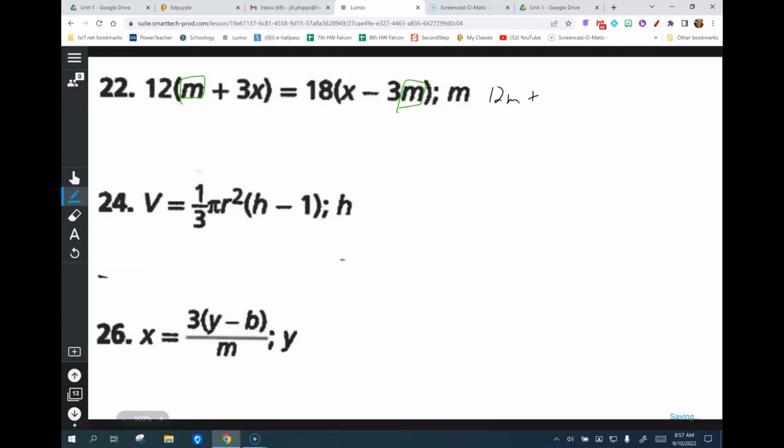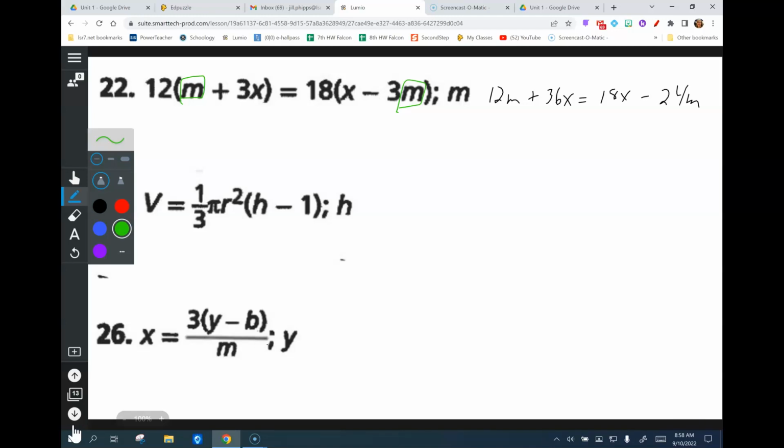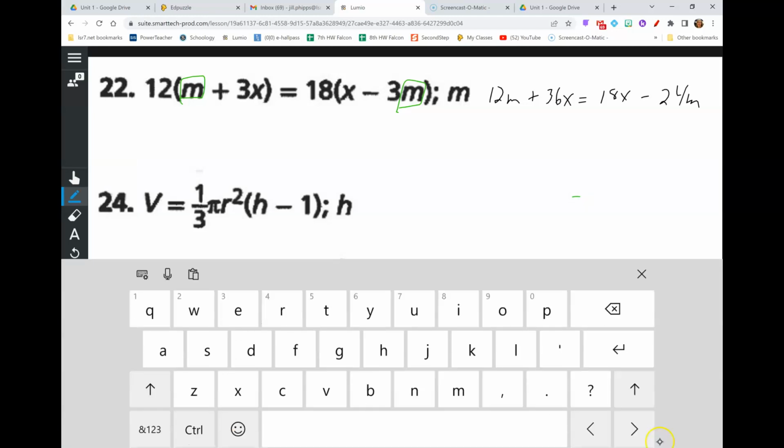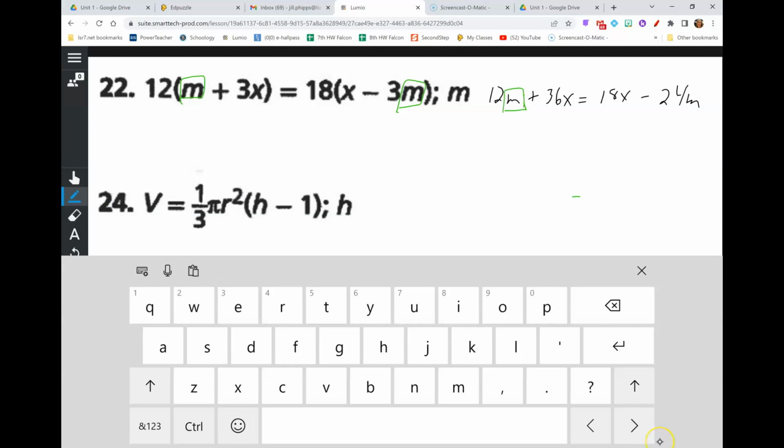12m plus 36x is equal to 18x minus, what is 18 times 3? 24m. Okay, now what we're going to do is isolate that m.